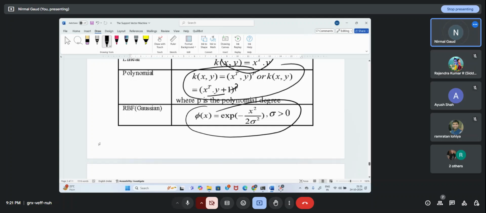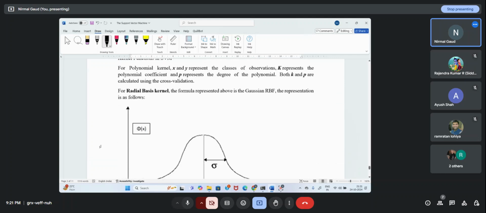So e to the power minus, e is exponential, no? e to the power minus x square by 2 sigma square. This is Gaussian, RBF. Okay, got it.